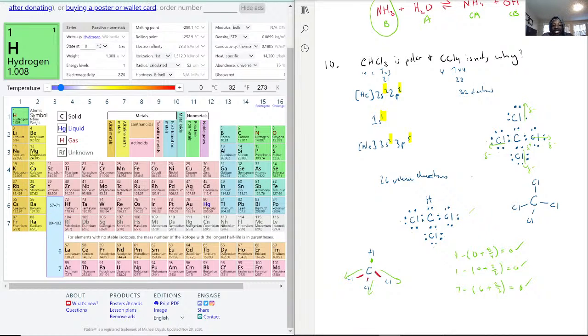Because hydrogen is not putting that work in compared to everything else, that makes CHCl3 polar. But with CCl4, everything is pulling the same amount because they're all the same electronegativity, which arises from having the same elements in each corner.